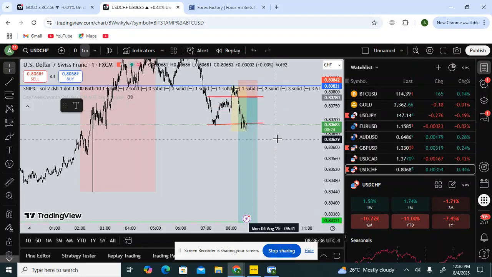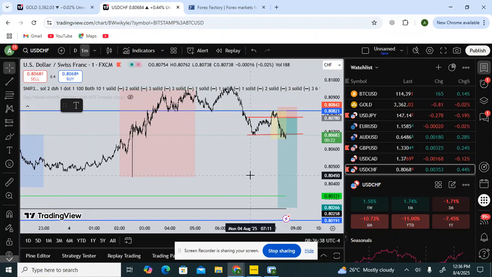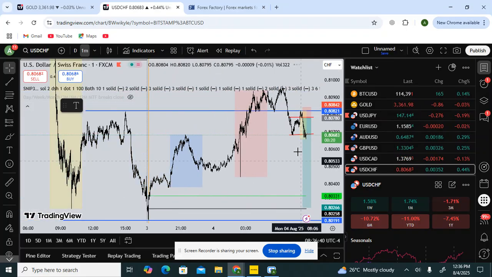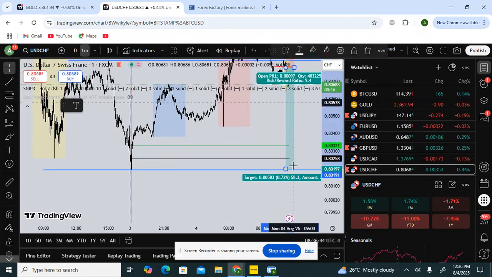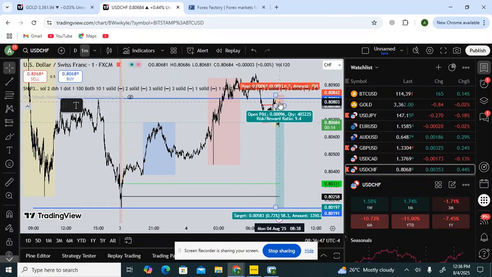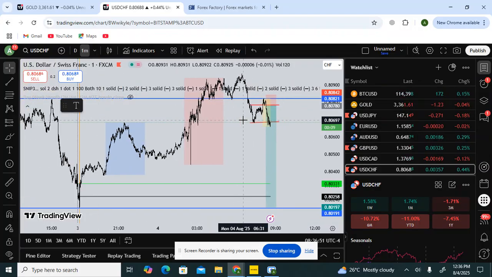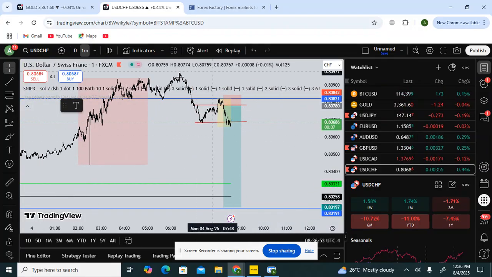You can see, yeah. That is probably close to 10R, let's say, assuming you got this entry. Okay, so that is just my setup for today, my high probability setup for today, and I wanted to share it with you guys.